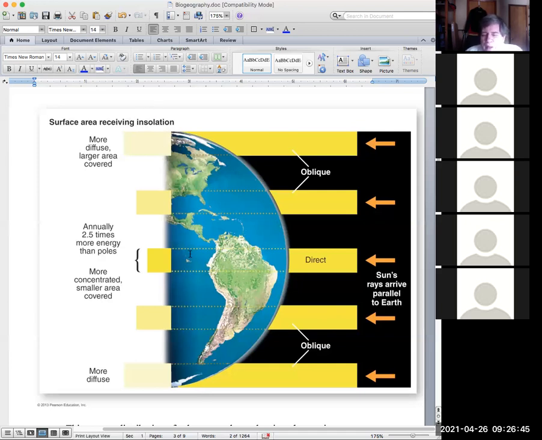So when the North Pole is tilted towards the sun, this is when the Northern Hemisphere has summer. When the South Pole is tilted towards the sun, this is when the Southern Hemisphere has summer.